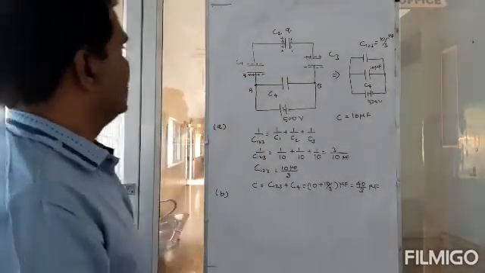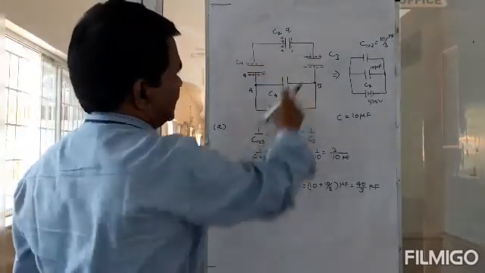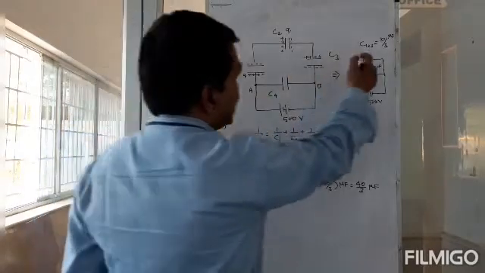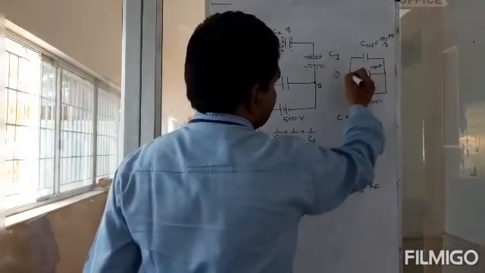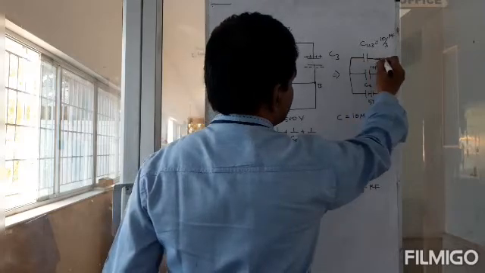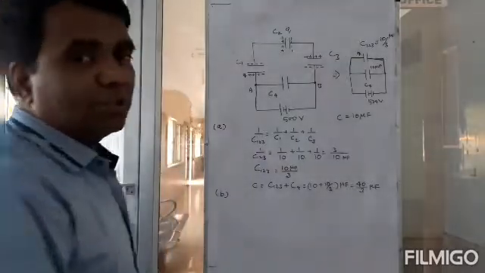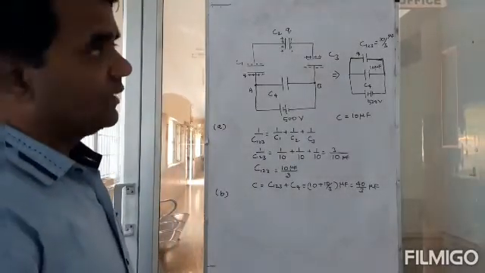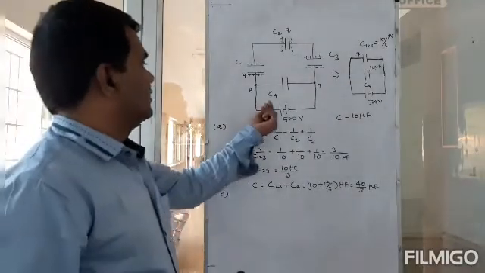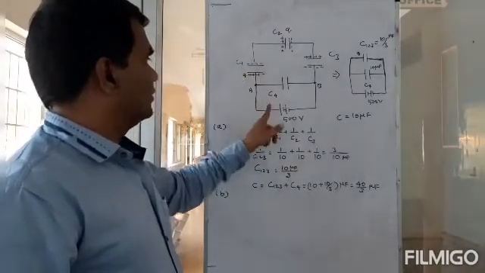Okay. So this Q is the same for all the capacitors because they are in series, and that would be equal to the charge on this capacitor, right? Because we said Q is the amount of charge that this battery puts here.